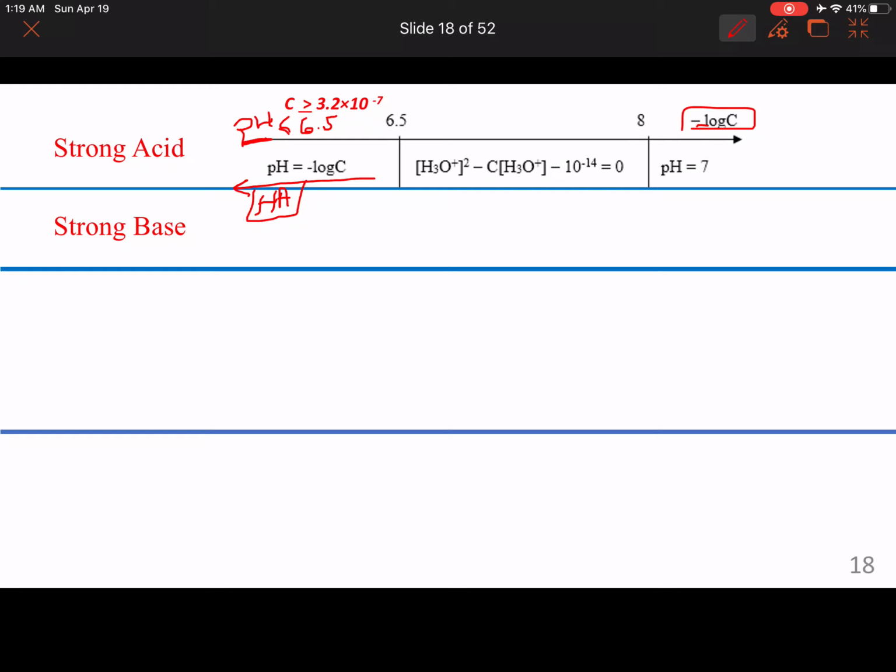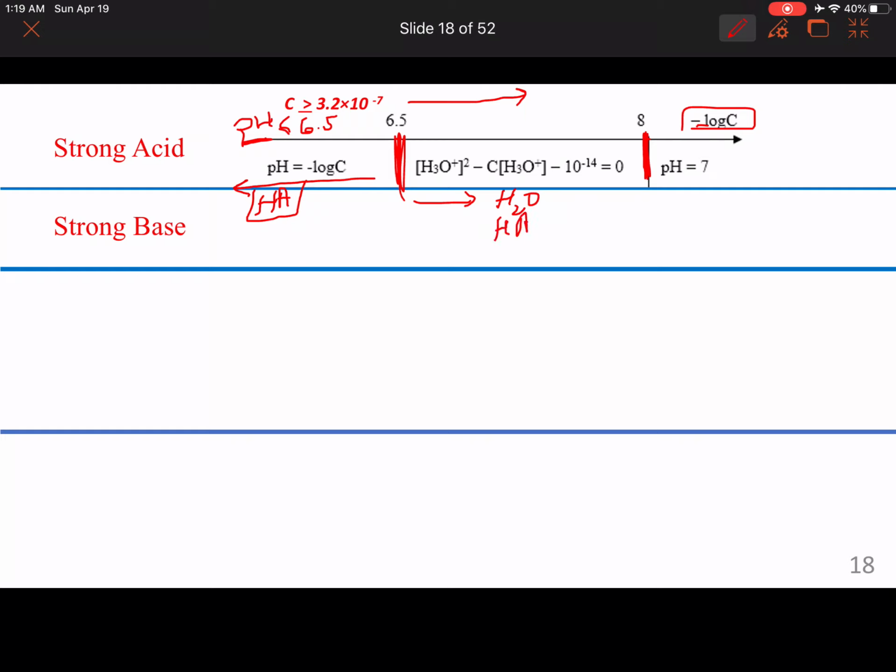And the idea is if this pH is actually bigger than 6.5, this area after the 6.5 is when I start to require water contributing. In the area between 6.5 and 8, not only water contributes to H3O plus, but also HA contributes to H3O plus.